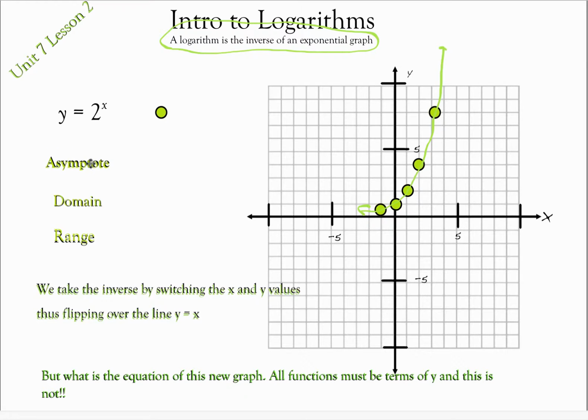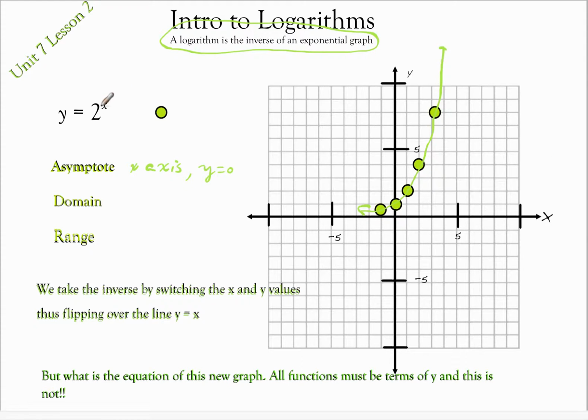So before we look at a logarithm graph, let's just go over the 3 basic properties of this. Well, we have an asymptote. That is the x-axis, or the equation y equals 0. Remember, we get very, very close to this, but we never touch it.